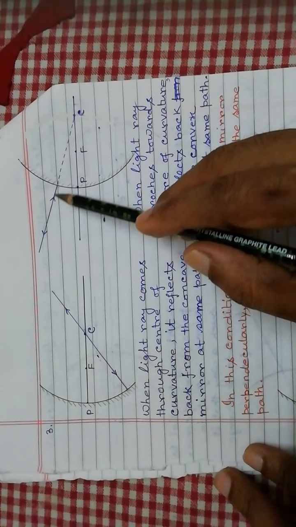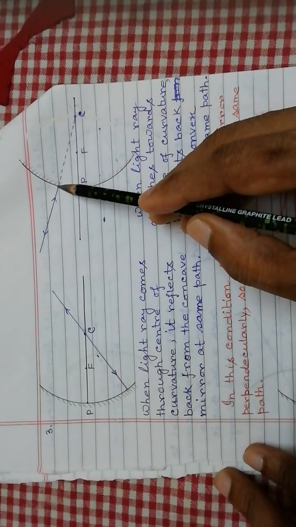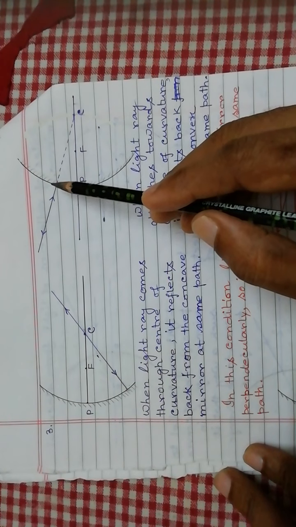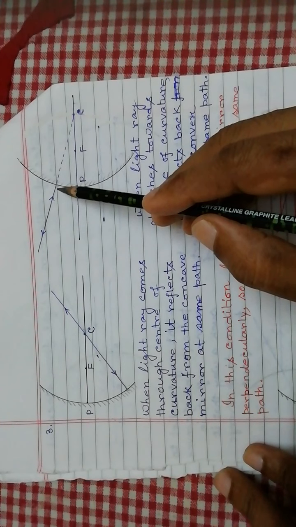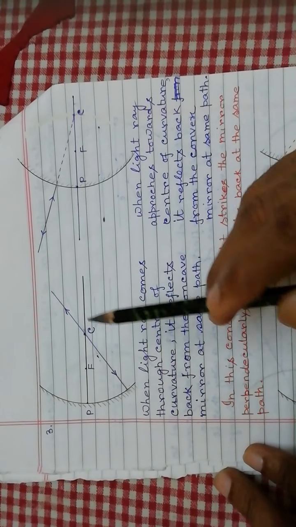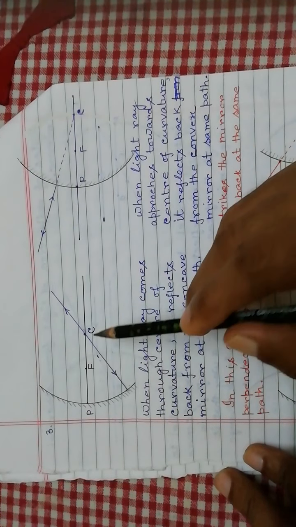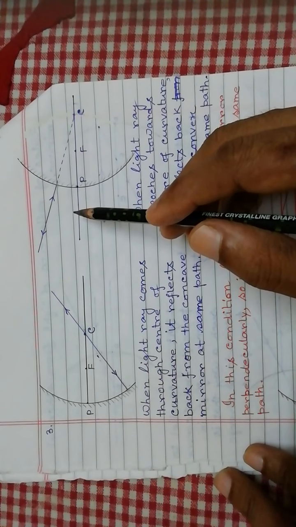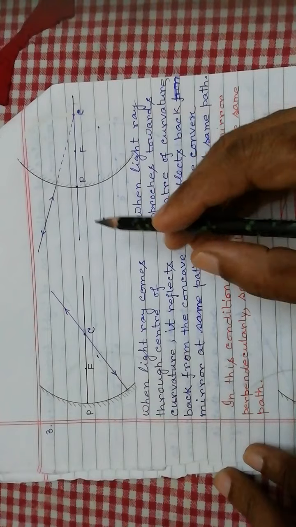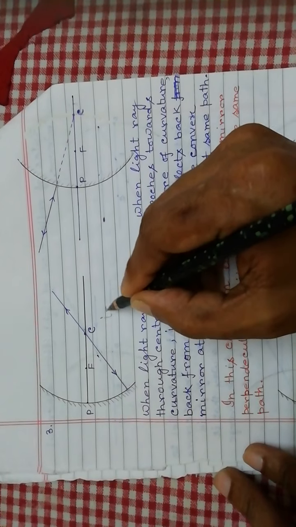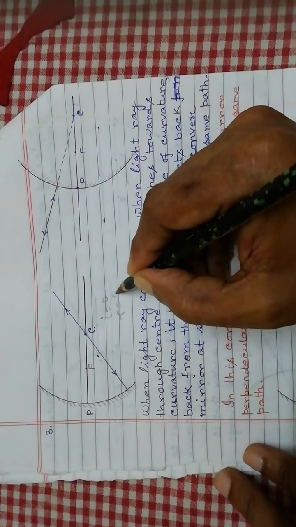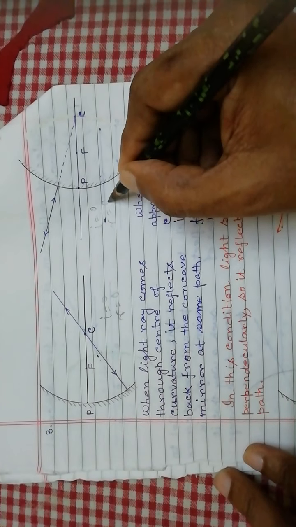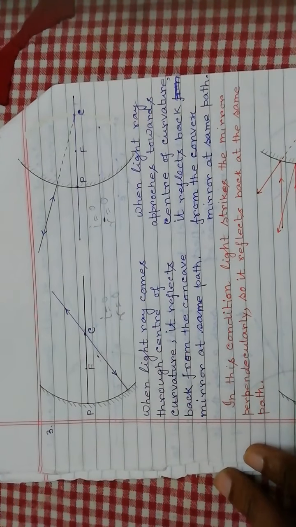When it approaches towards the center of curvature, it strikes the mirror perpendicularly, and due to the laws of reflection, it reflects back at the same path. In both cases, angle of incidence and angle of reflection are both 0 degrees.